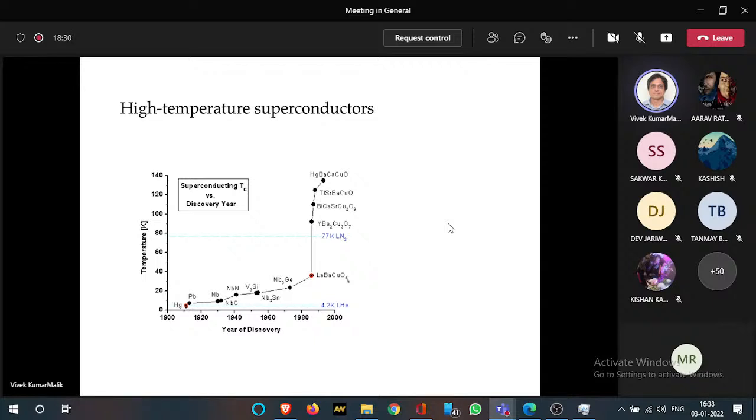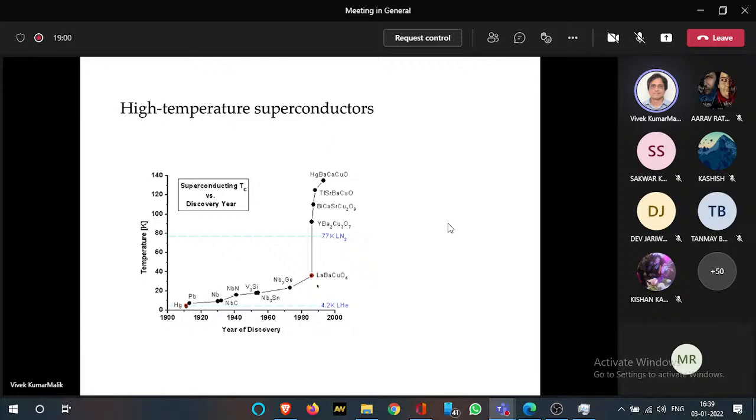So this family is usually called the cuprate family, because the essential feature is the copper oxide planes, two-dimensional copper oxide planes within the system, which is an essential feature of all these oxide superconductors. So they are called cuprates, and the maximum is around 135, 136 Kelvin, in the HgBaCaCuO superconductor.